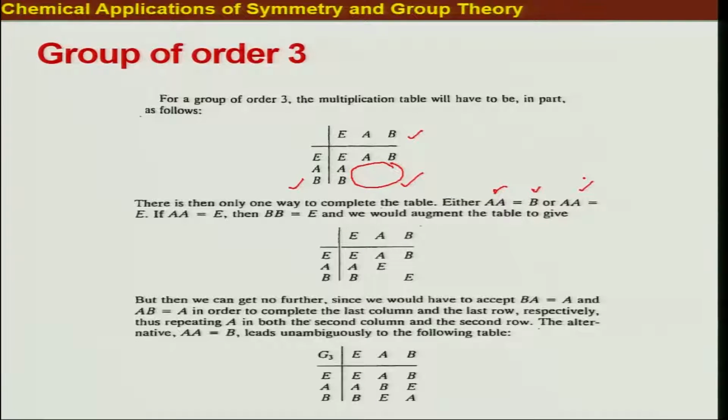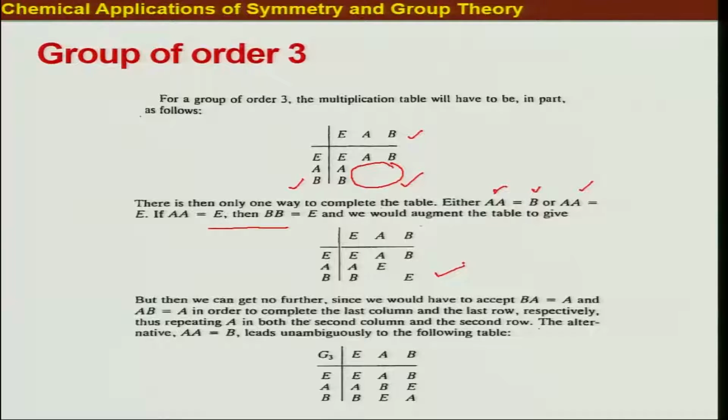Now, if we take A followed by A is identity, then B followed by B also has to be identity. Okay. So that's implied.